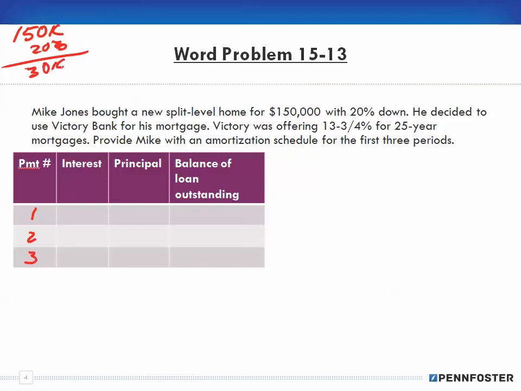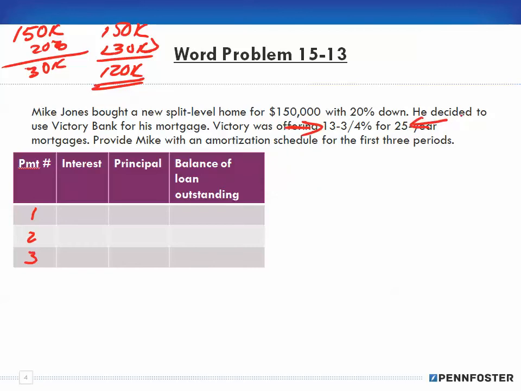When we subtract that from $150,000, we end up with $120,000 as the amount that we're borrowing. That's going to be the loan amount at 13.75% for 25 years.